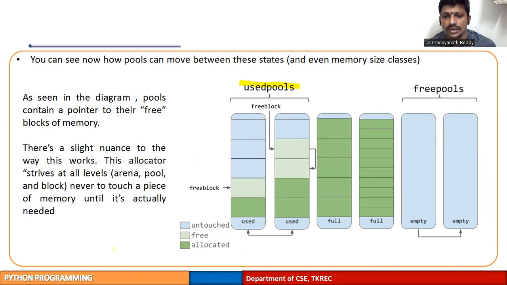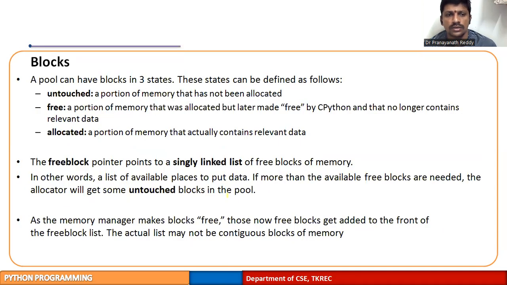So if you see this, the link, here, this is called a double link. It means you can go in this direction or in this direction. So a block, like a pool, also has 3 states: untouched, free, and allocated.